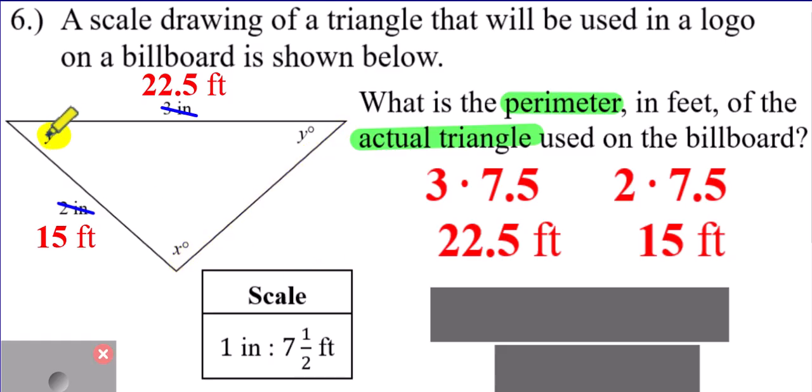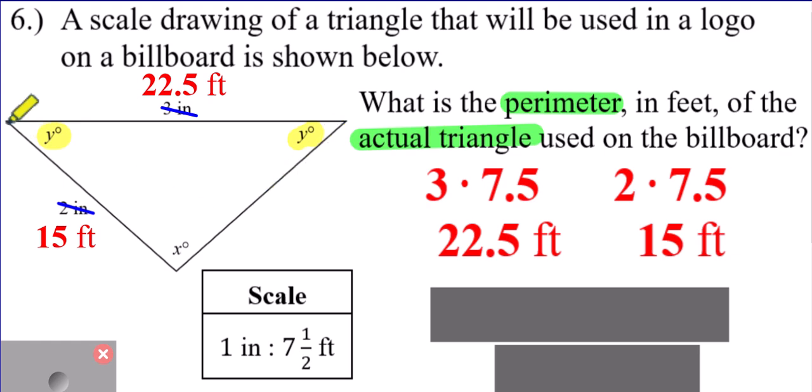If the angle, you might be like, well, angles aren't used for side measures. I know. Bear with me here. If this angle in this corner is y degrees, and this angle here in this corner is also y degrees, then this is an isosceles triangle. You're like, why should I care?